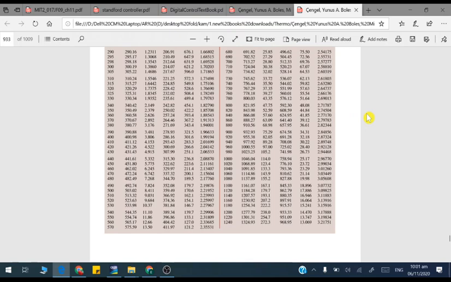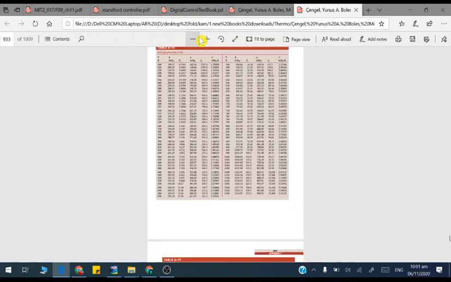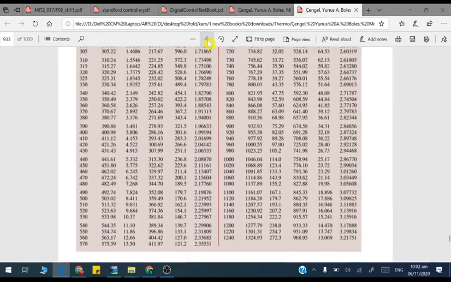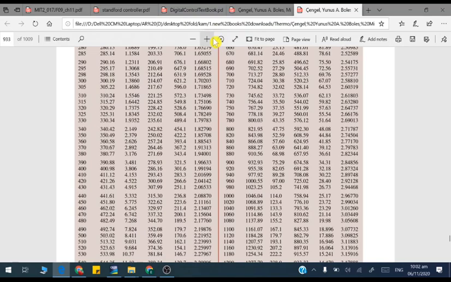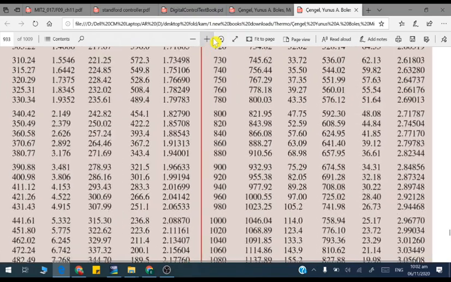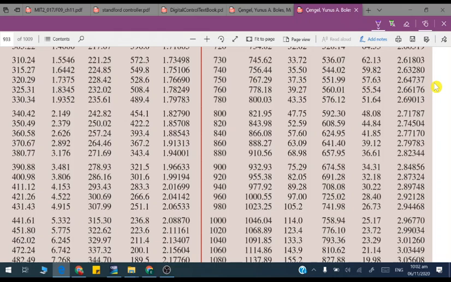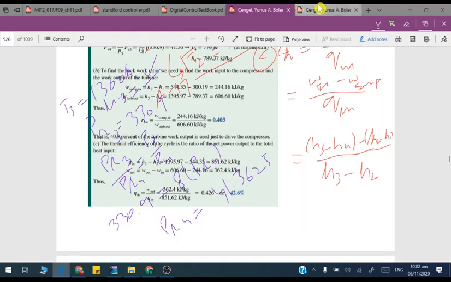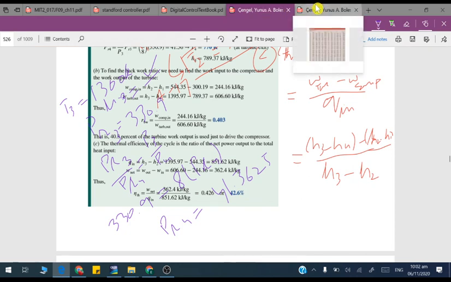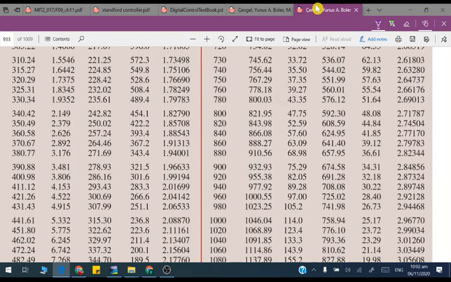I'm just showing in this lecture how to do this, so I'm zooming in. We know the intermediate pressure, 41.3625, and here the temperature is x.